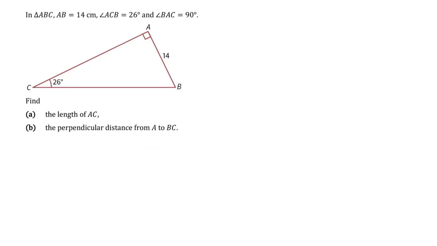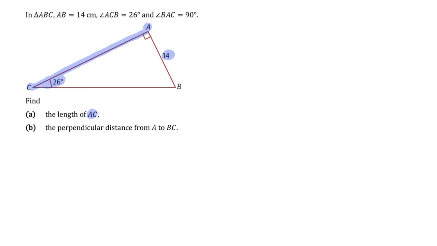Hello everyone, welcome to this question where we are given this diagram, and we are also given the length and the angle 26 degrees. Find the length AC. Okay, AC is this. We are given 26 degrees as well as 14.